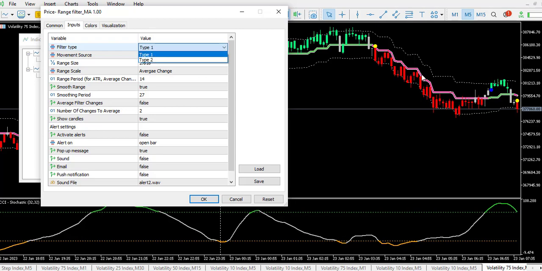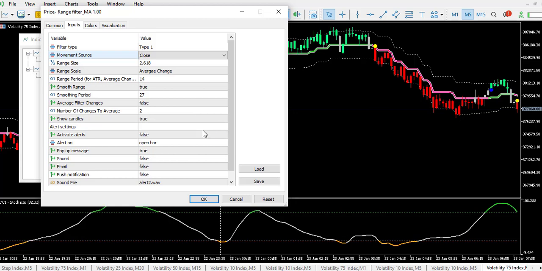And here I'm using 1, so you can check it out. If you like, you can use it. And the movement source is close, then range size 2.618. Just make sure you enter the value here. This is the Price Range Theta MA indicator. So these are the settings.